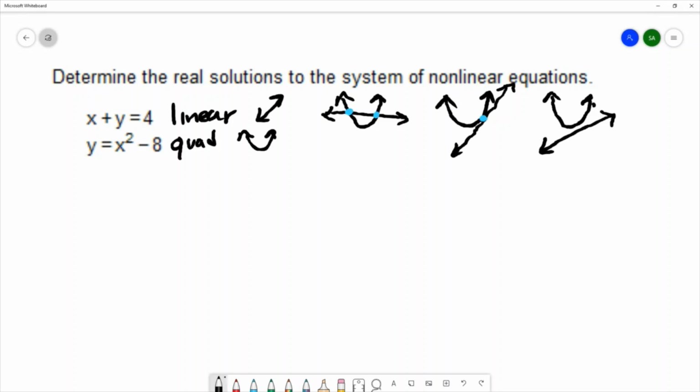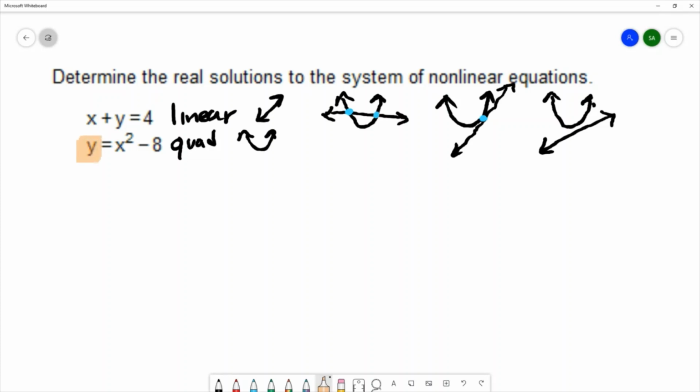Now, getting back to our techniques for solving this, we have two methods that we typically use, and that is substitution and elimination. With the substitution method, the first step is to isolate one of the variables or solve for one of the variables.